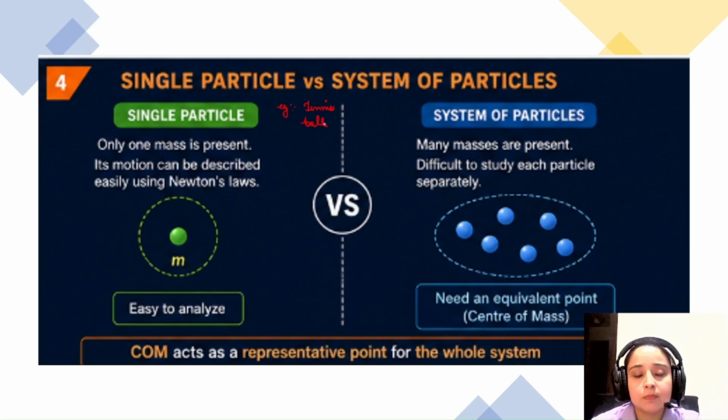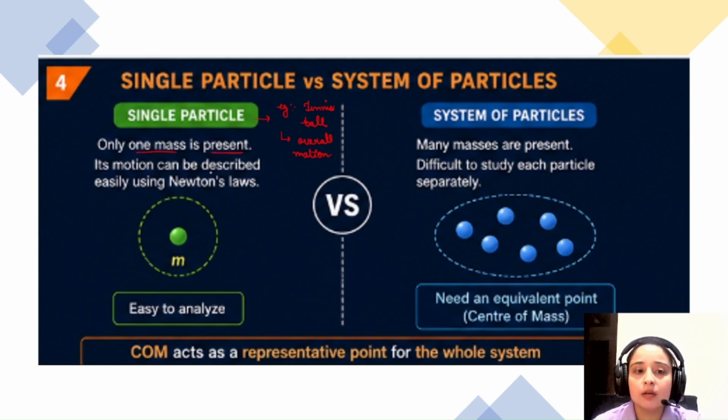Let's say if you throw a tennis ball, we can treat this tennis ball as a single particle, because we are interested in its overall motion. Because we consider that it is made up of only one mass, it is a single particle.